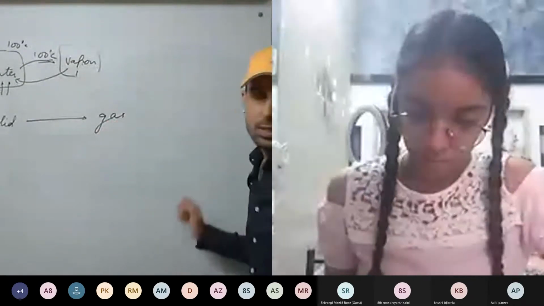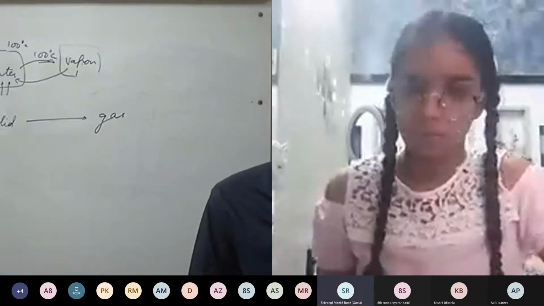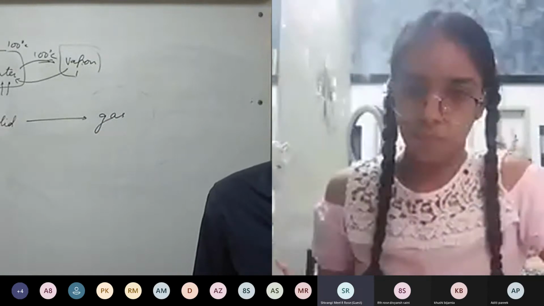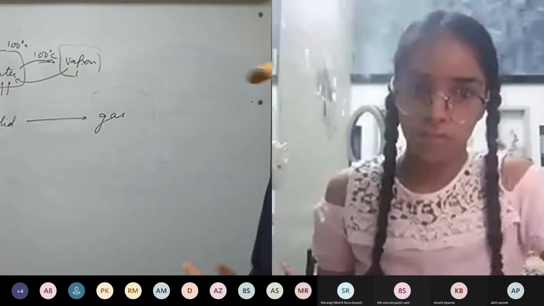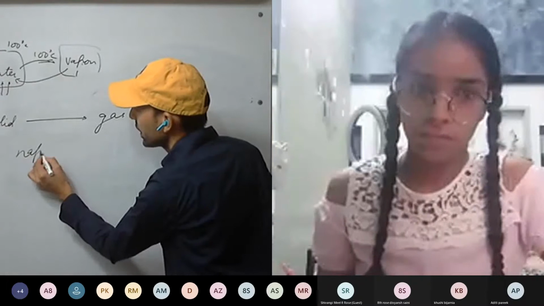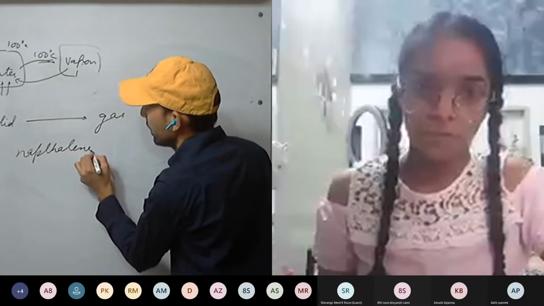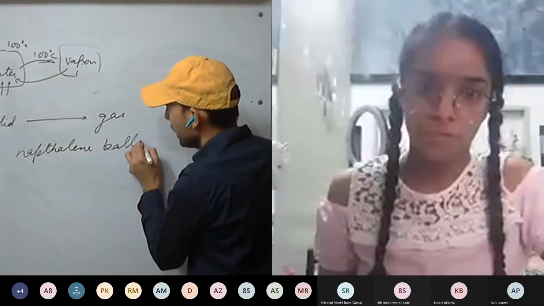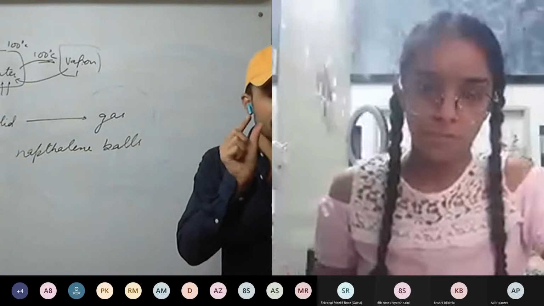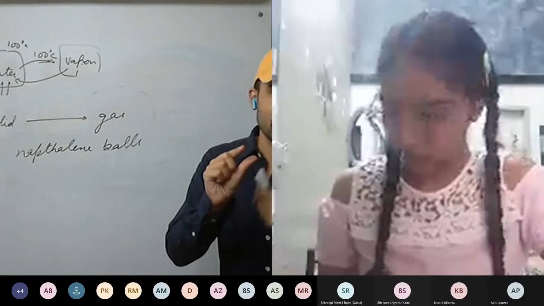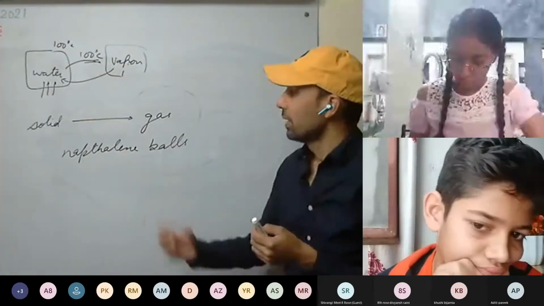Example, naphthalene balls you have seen at home. Kapoor ki goliyan we used to say. Naphthalene balls. You have seen those balls, they decrease in size, but there is no liquid formation. What happens?